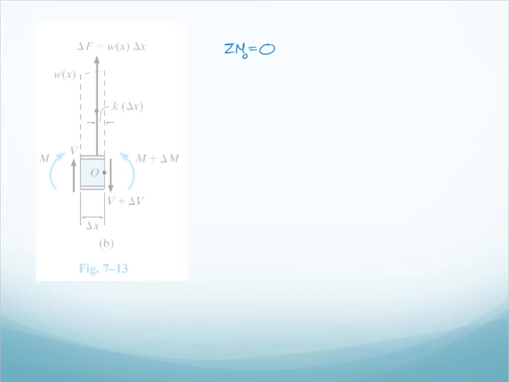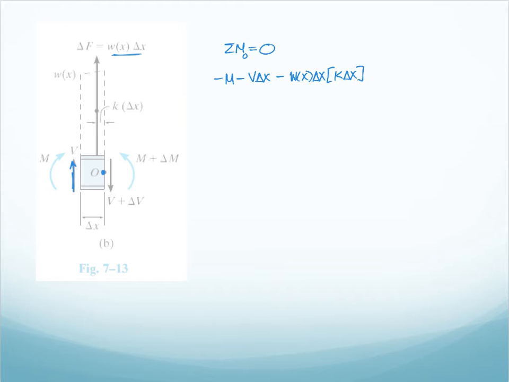We have minus M over here, and then we have minus V times delta x, so this force right here creates a moment about this point equal to its force times delta x. Both of these are negative. Then the force of the distributed load is also going to be negative. The total force is W of x times delta x, and the distance that it's at is k delta x.